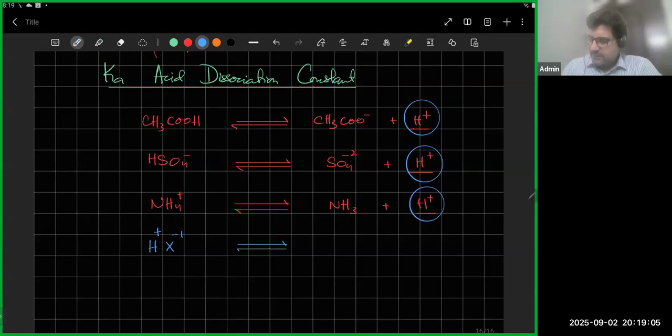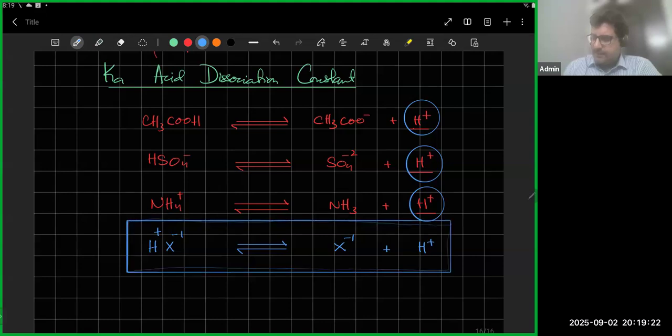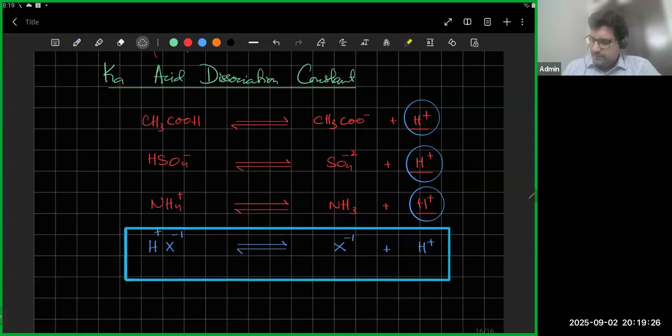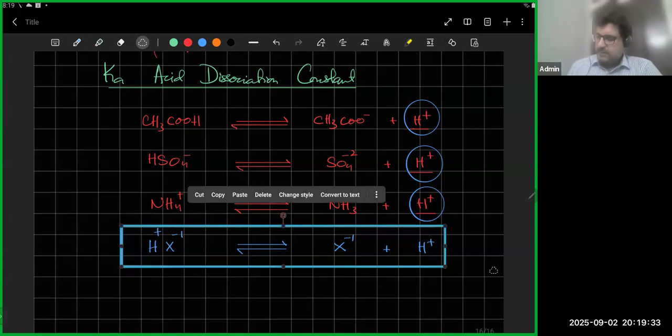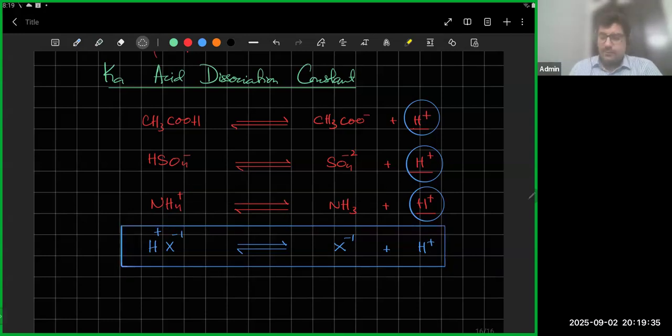And when it dissociates, it will produce some random negative ion, or maybe it's not negative, but it's going to produce some random thing, and it will release an H plus ion. So that's the most generic way of describing what acid dissociation looks like. So this is how it looks. That's how acids dissociate.